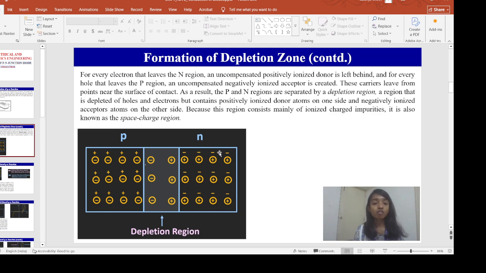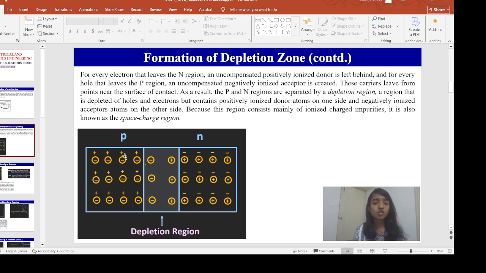All these electrons that you are observing here are free electrons. So what we observe is that at a time two charge carriers are vanishing in this recombination process.